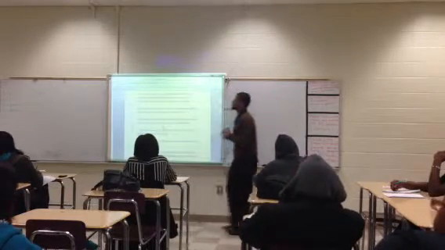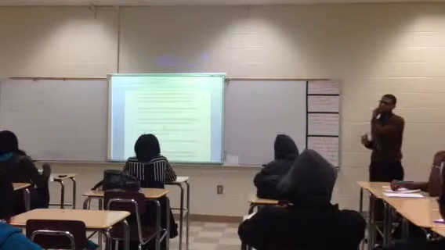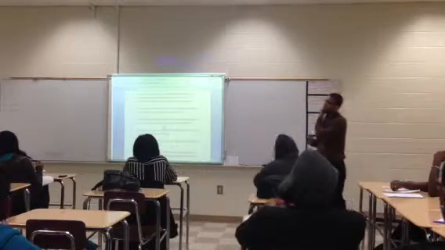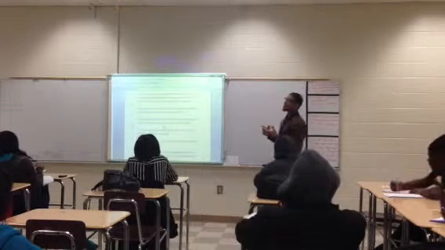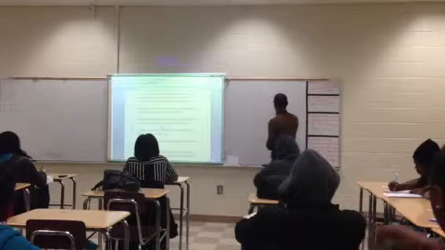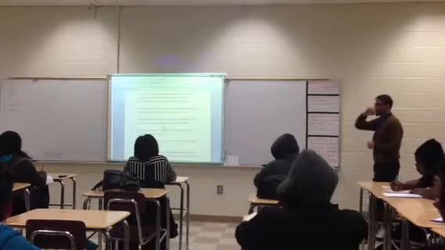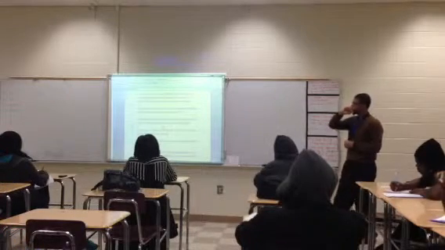Again, our standard is recognizing and exploring logarithmic functions as inverses of exponential functions. So what it's saying is logarithms are just the opposite of exponential functions. So if I gave you 2x equals 6, what would you do to both sides to solve for x? Divide by 2. And why would you do that?